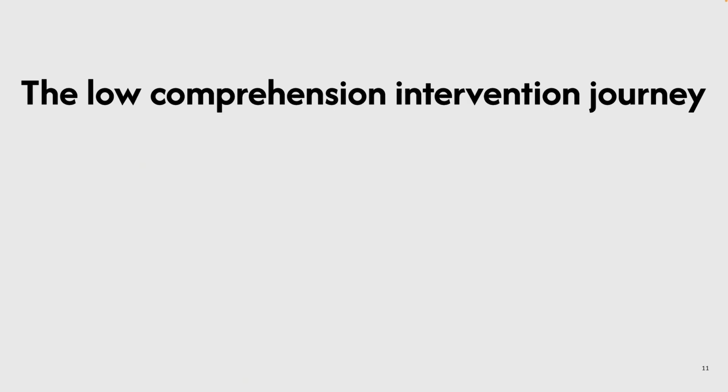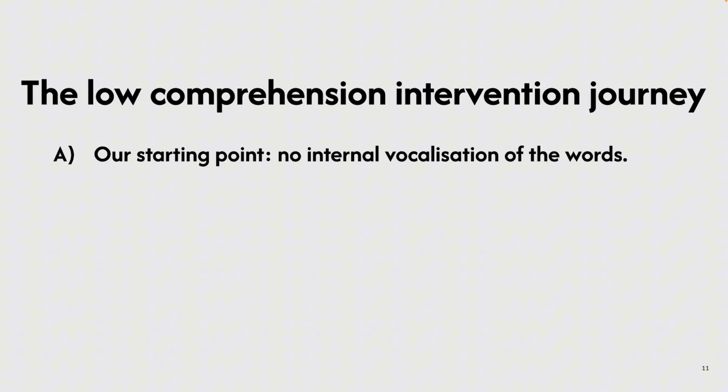So what is the low comprehension intervention journey? Our starting point is we've got no internal vocalization of the words. These students cannot hear the words as they read them, so they don't have the little voice, and therefore Wernicke's area is getting no input.